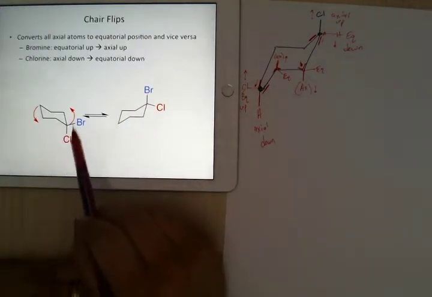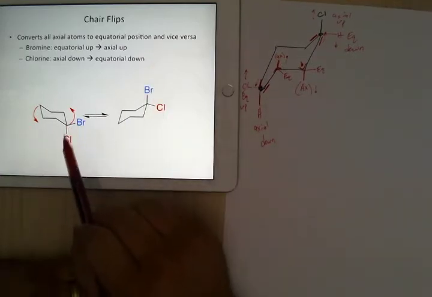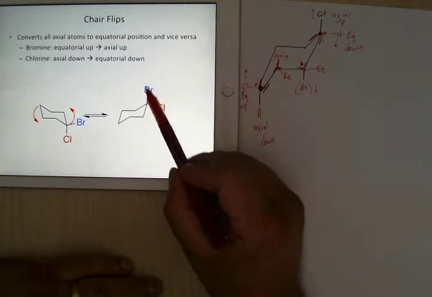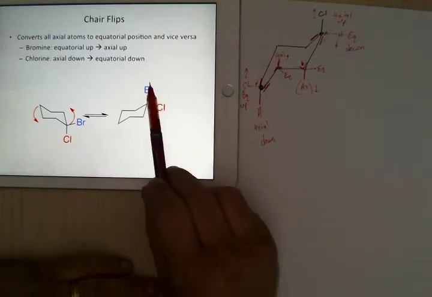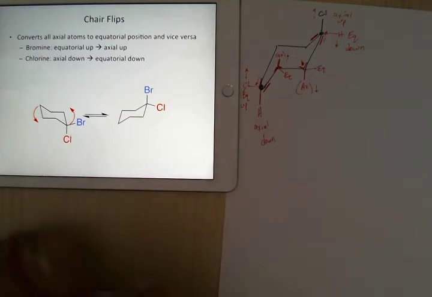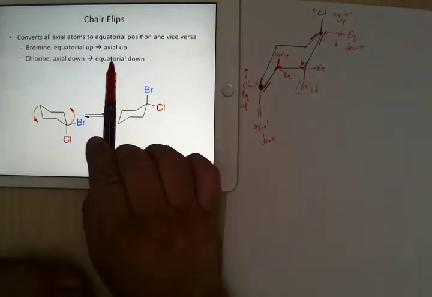Right now the axial is pointed down, and the thing that's down is axial. Here, notice how the carbon-carbon bonds are pointed up, so this is up. And so now the bromine is axial. The ups and downs don't change. It's just that when the chair flips, equatorial becomes axial, and axial becomes equatorial.